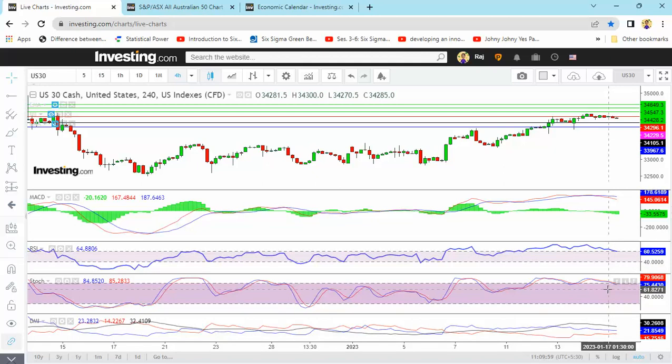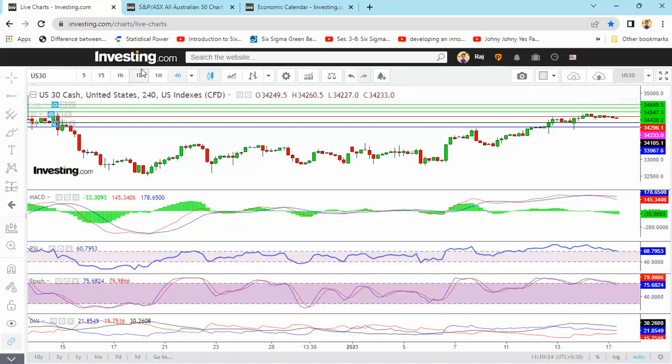Stochastic is also looking downwards. Only the DMI is still showing directional movement. So after a fall, I would say after some retracement, we can see the trend getting back to a bullish zone. We'll have to see what the market news and the things are going.